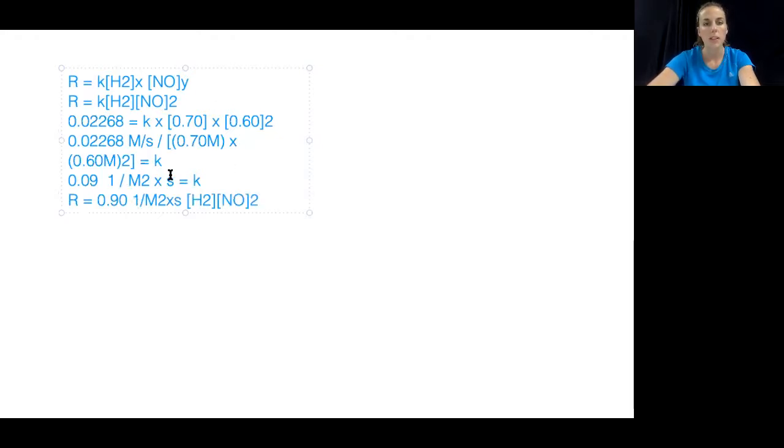So really, once I find K, I'm going back to this step here and filling in K to write my rate equation. Okay? And that would be your rate equation for 14.3.